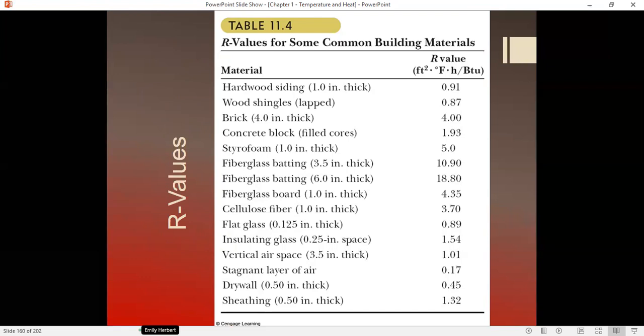And we can see what some of the effectiveness is for these different materials. Hardwood siding, not great, okay? You're not going to want a house that just has hardwood siding trying to keep the heat in. Same thing with wood shingles. Brick's a little bit better in terms of R value, but again, brick has very similar thermal properties as stone and concrete. It conducts heat pretty effectively. Concrete block, again, pretty conductive for heat, so not a great R value. But here we start getting into real insulating materials.